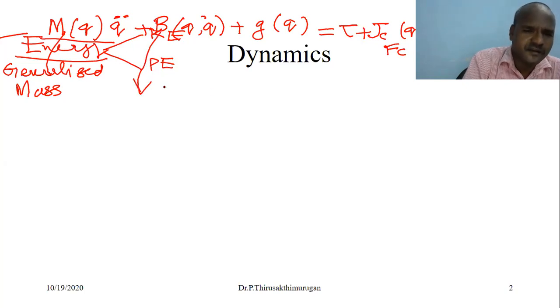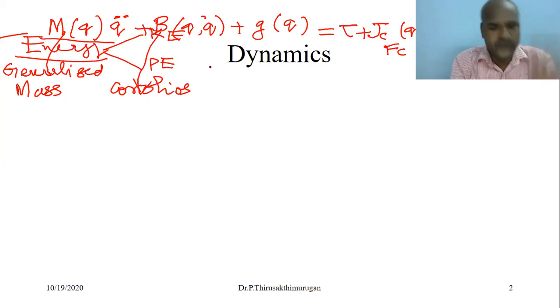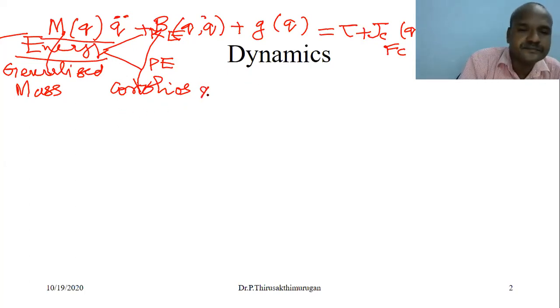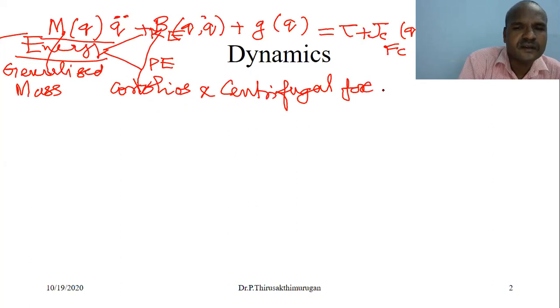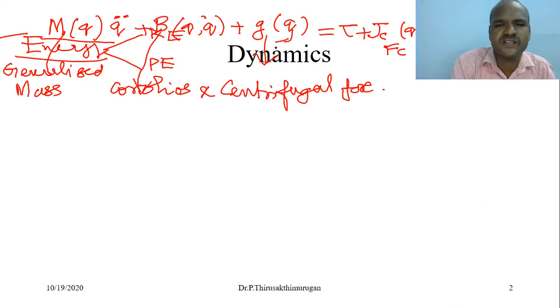B is nothing but the Coriolis force, and it also represents the centrifugal force. G is the gravitational force acting on the joint. This q is the joint parameter.